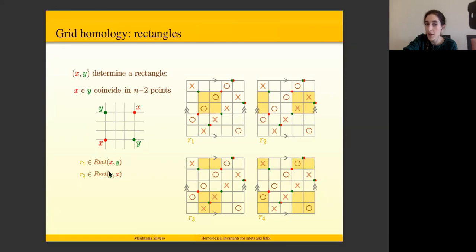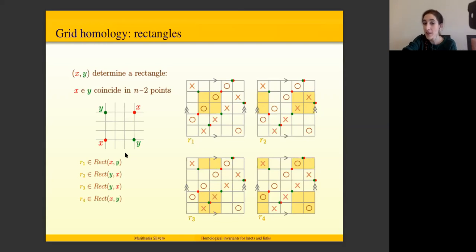So this is a rectangle determined by YX, not XY, but YX, okay? If you do the same for the third one, you have a rectangle, the same would you have here green and red and red. So this is between Y and X. And here, in this case, you have a rectangle between, I mean, you see it from the picture, right? It's better to see the picture than listening to me explaining the picture.